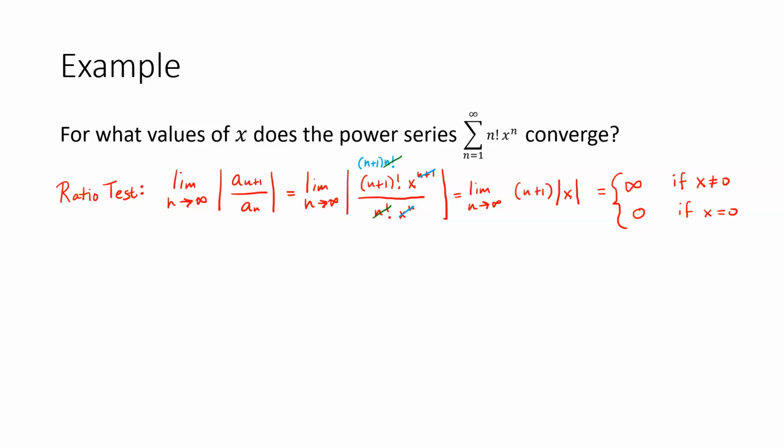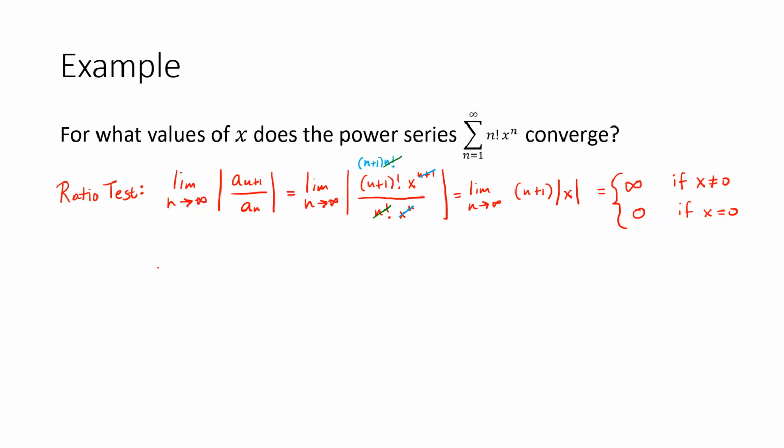Because if x is equal to 0, then 0 times any value will always be 0, so this limit will approach 0 in that case. And so what we notice is that the limit that we get here from applying the ratio test will equal infinity if x is not 0.